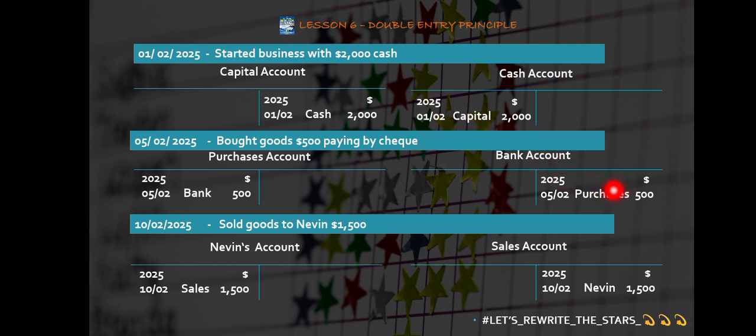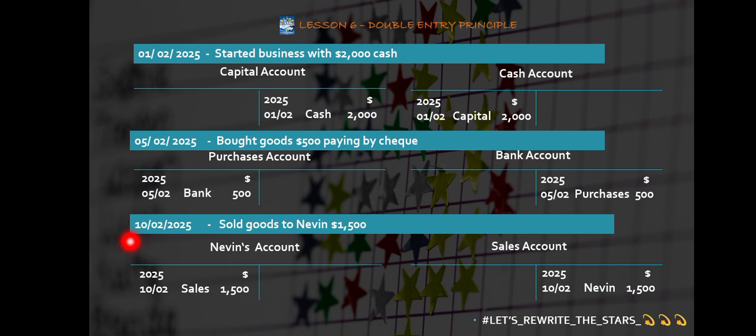That is why we have 5th of February, purchases, and 500 at the credit side of the bank account. The purchases was recorded at the debit side. The purchases account is an expense to us, because we have gone out to purchase something, and expenses are debited. So we have it at the debit side of the T account.